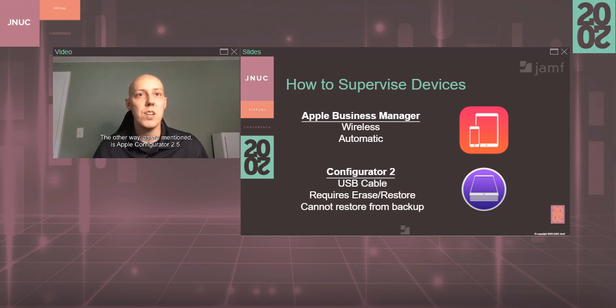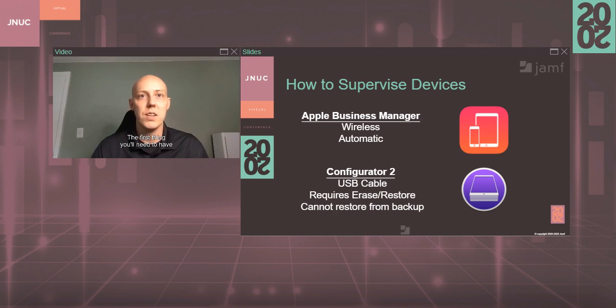The other way, as we mentioned, is Apple Configurator 2.5. This is a completely free application that Apple offers in the Mac App Store. This is the most common way that people get devices supervised that are already out in circulation or devices you already have users on. This is a great tool when needed, but it does have a few extra steps. There's also a few challenges that come along with the process.